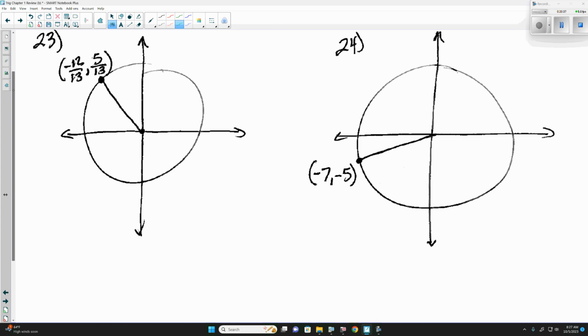I think I removed it from the test. It's tricky in how it looks, but it's not actually that tricky. Because we could go through the process of finding the value of r, but the value of r actually works out to be 1, so that's opposite over hypotenuse. So I'm going to look at number 24, because we do need to find the length of this hypotenuse.